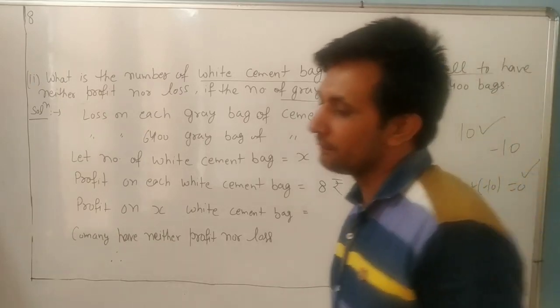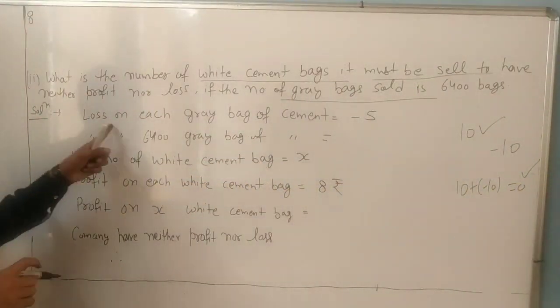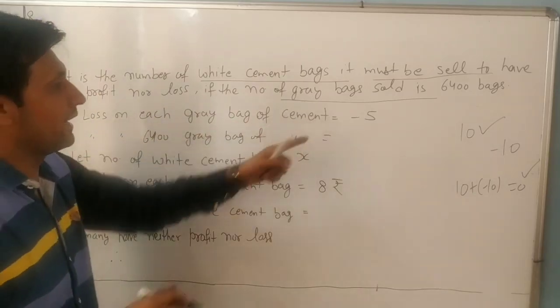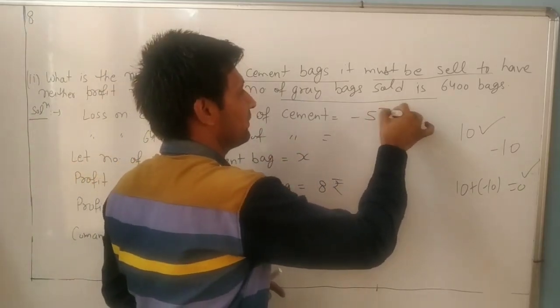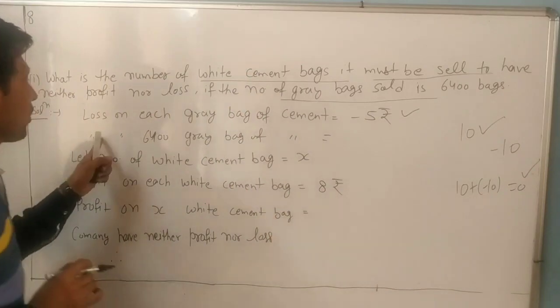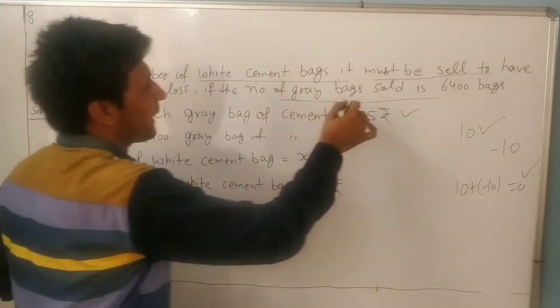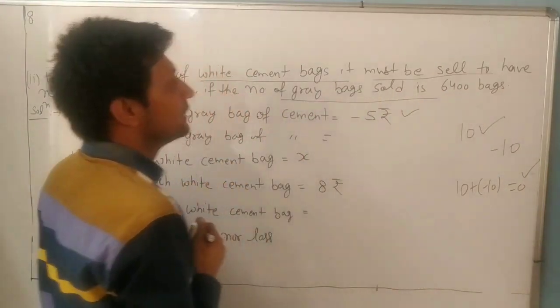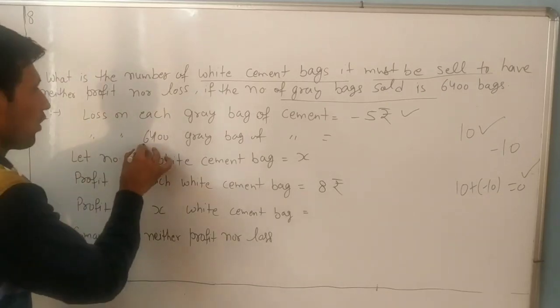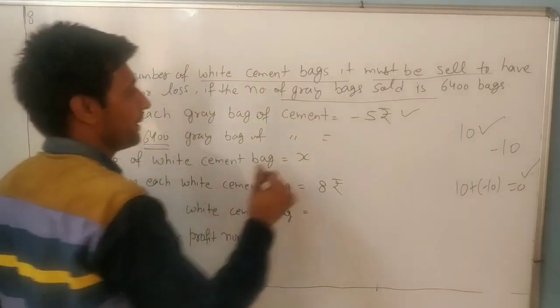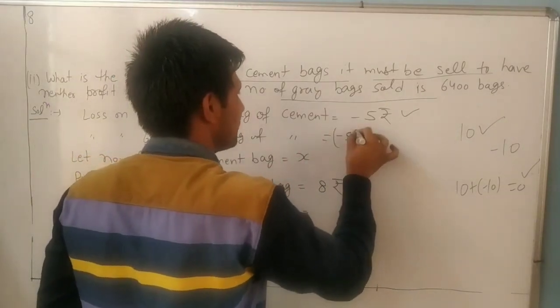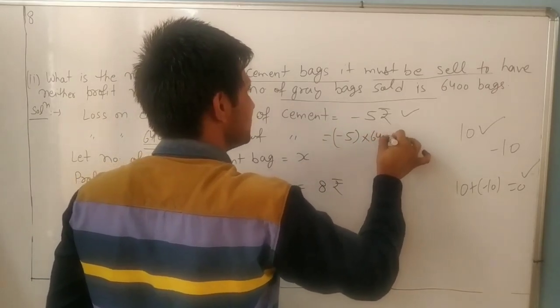So in the question, first we will write the loss on each grey bag of cement: minus 5 rupees. Loss on how many total grey bags sold by the company? 6,400 grey bags of cement. So we will write minus 5 multiplied by 6,400.